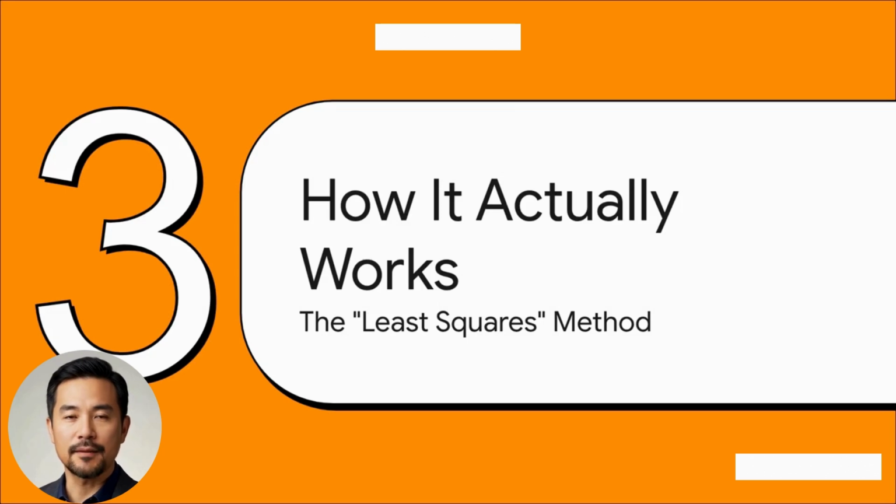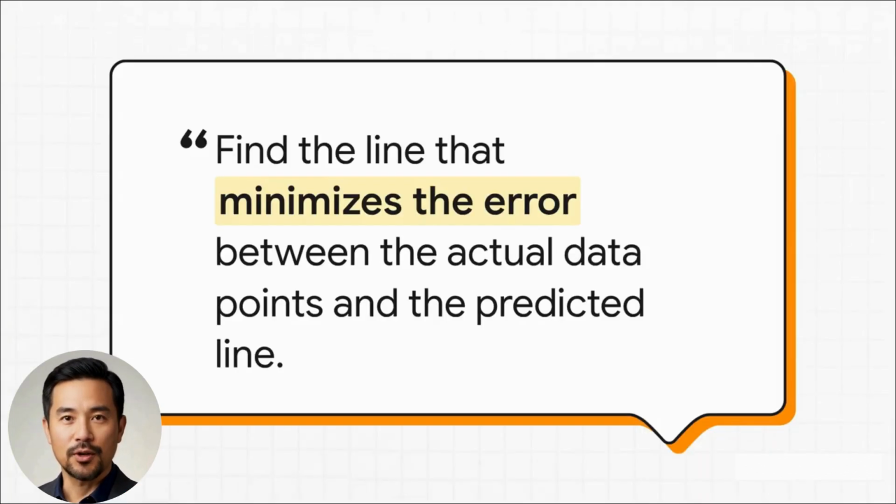Okay, so if every possible line is going to have some error, how does the algorithm pick the best one? This is where the real magic comes in. It's a method called the least squares method. The algorithm has just one simple job. Its goal is to find the one single line that makes the total of all those little error lines as tiny as possible.